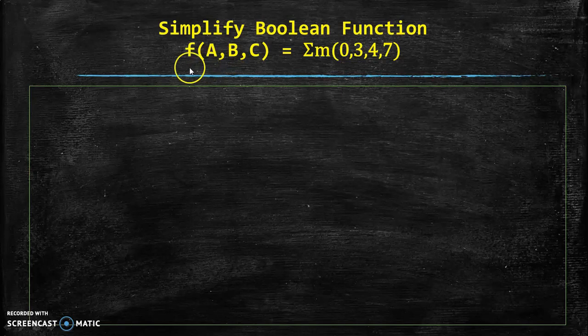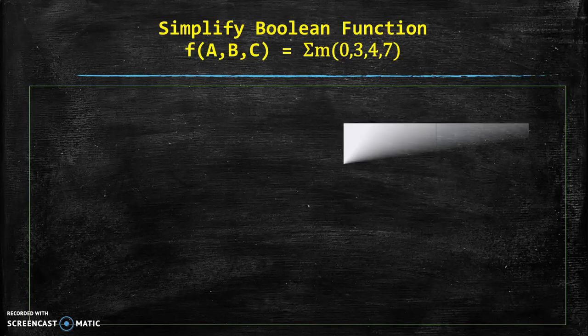The function has three variables ABC and summation m of 0, 3, 4, 7. So minterms are given, and summation indicates that it is in SOP form. We have three variables, so we know that we have to prepare a K-map with a total of 8 cells.